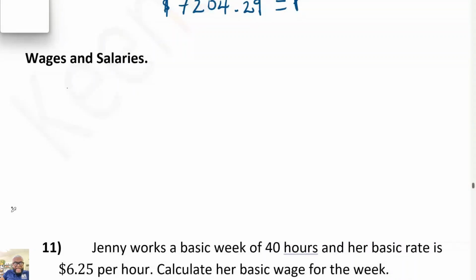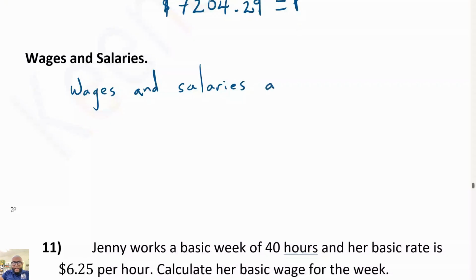So wages and salaries are payments made to workers, right?